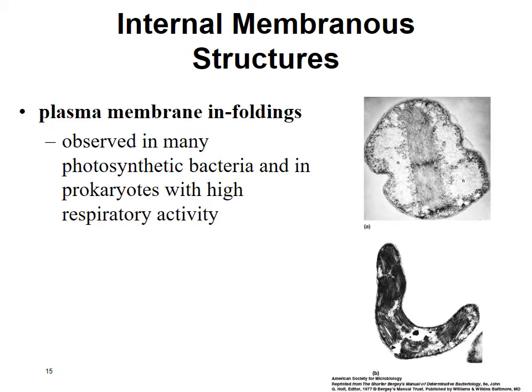So for example, like the parallel membranes which traverse the entire cell of this nitrifying bacterium pictured in A, or even this photosynthetic bacterium with extensive regions of membrane that you can see within the cell, and this provides a larger surface area. Also, infoldings of the plasma membrane are quite common in some bacterial species.